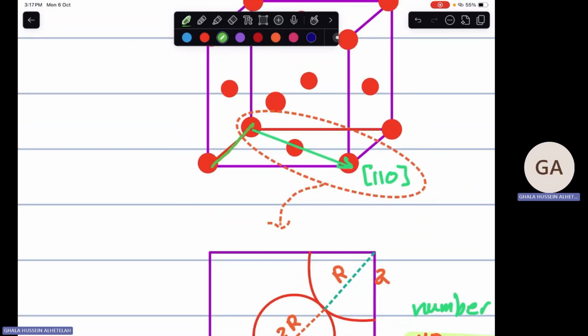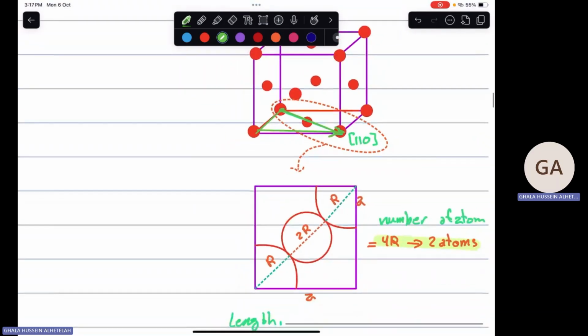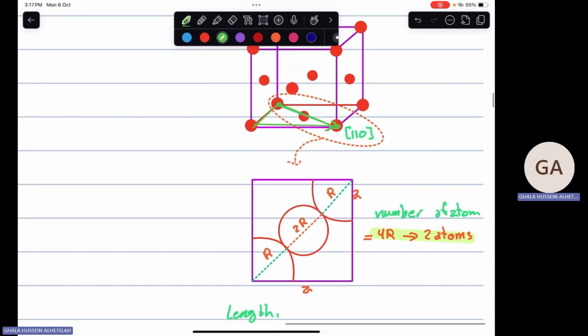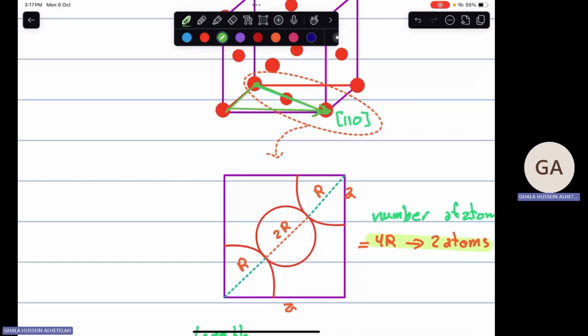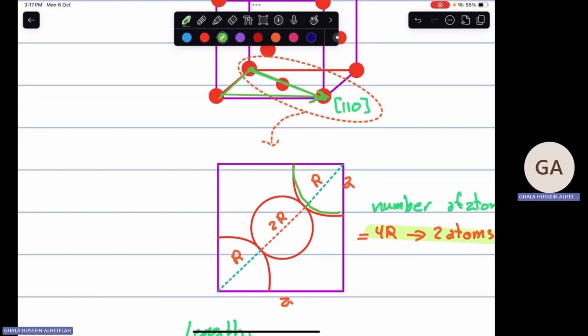We move 1 and 1 from the beginning point to the final point, and you will have the direction. Okay, how many atoms do we have in this direction? Here we have 1R, 1R, and here 2R. So basically we have 4R, which means each atom has 2R. So we have 2 atoms in this direction. Okay.